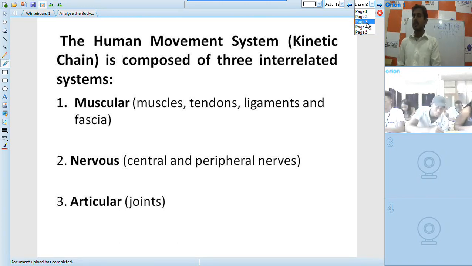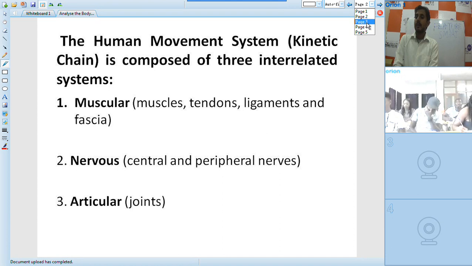The muscles are attached with the tendons, ligaments, and the fascia of the different body parts, which give the proper shape to the body.